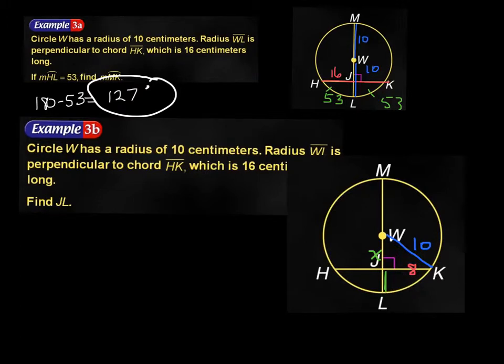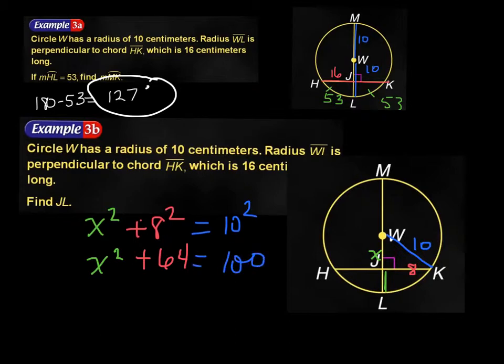So now I have one leg and the hypotenuse of a right triangle. So a squared, I have x this time, plus b squared equals c squared.